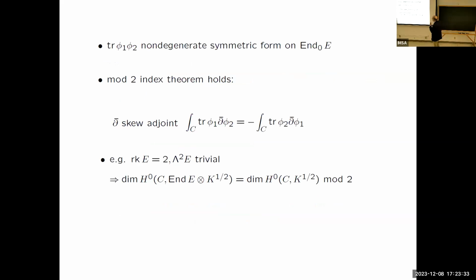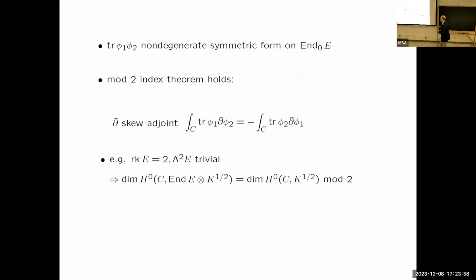On the other hand, if we're looking at Higgs fields with values in twisted endomorphisms, then the trace of phi1 phi2 is a non-degenerate symmetric form on this space. And under those situations, the mod 2 index theorem holds with spinors with values in something which has a non-degenerate symmetric form.